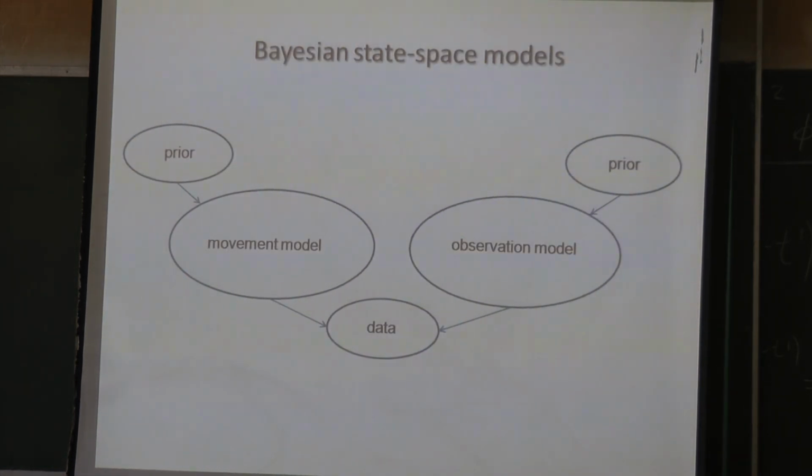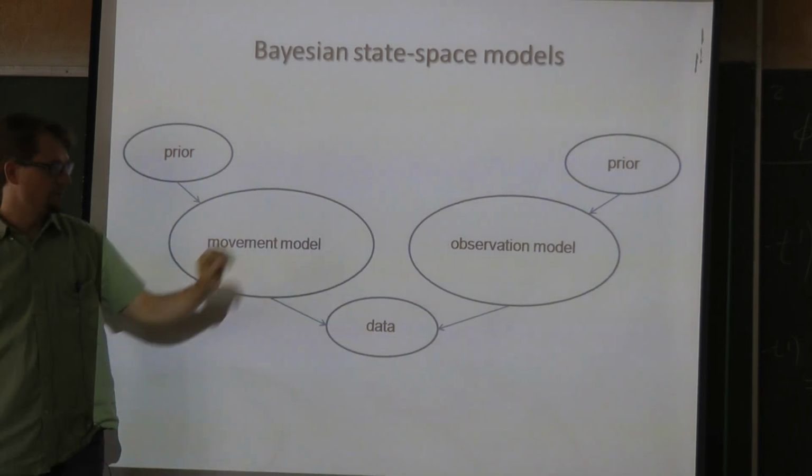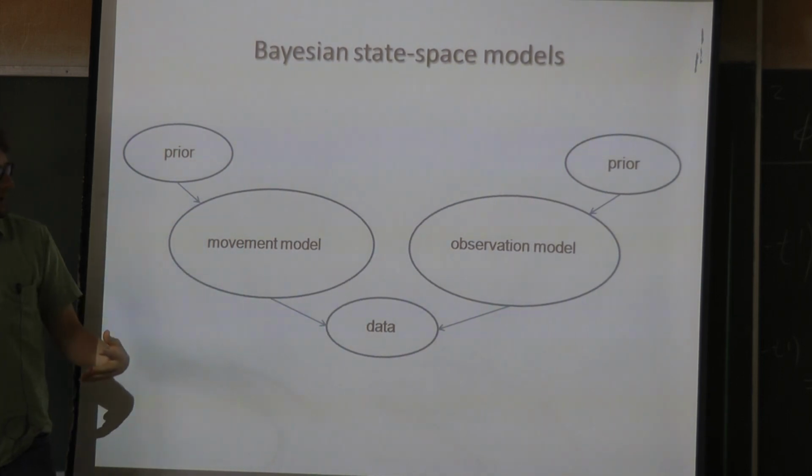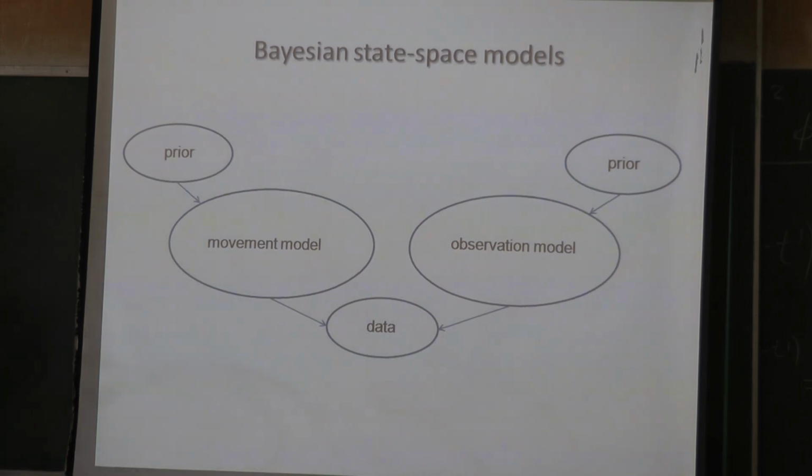Okay, this is another way to draw the Bayesian state space models. We have the movement model, we have the observation model. Together they imply the distribution of the data, and then we have the priors for those.